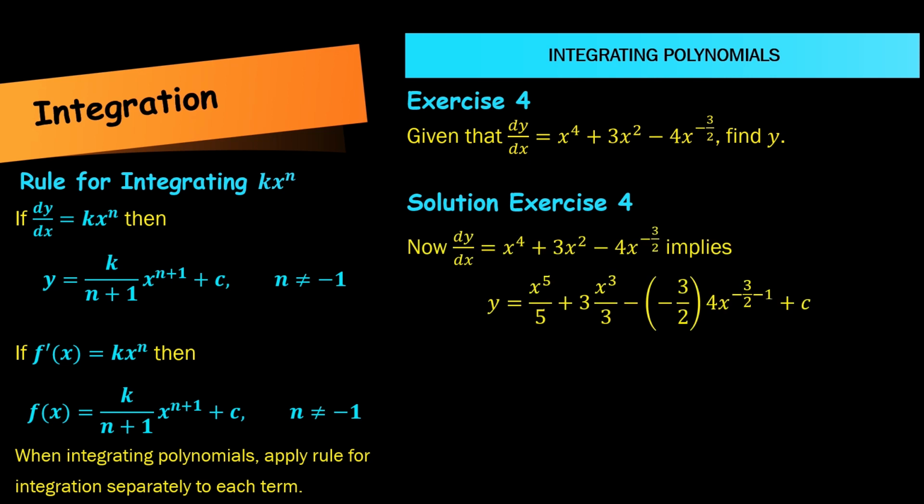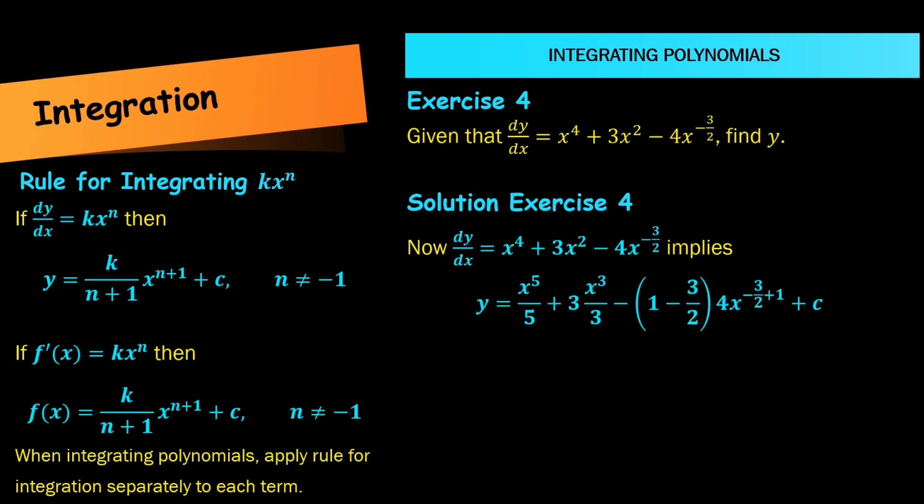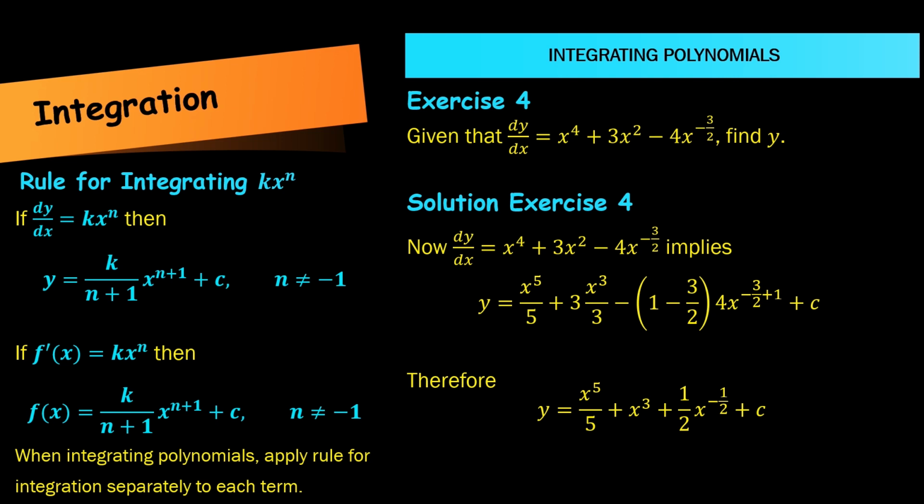So, dy/dx equals x to the 4 plus 3x squared minus 4x to the minus 3 over 2 implies y equals x to the 5 over 5 plus 3x cubed over 3 minus 1 over (minus 3 over 2 plus 1) times 4 times x to the power minus 3 over 2 plus 1, plus c, which tidies to x to the 5 over 5 plus x cubed plus a half times x to the power minus a half plus c.